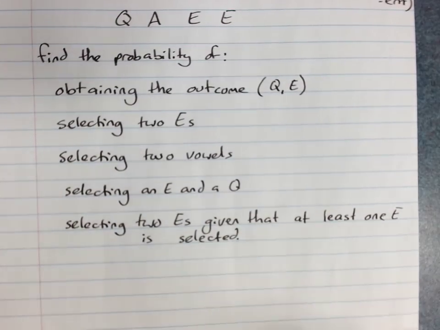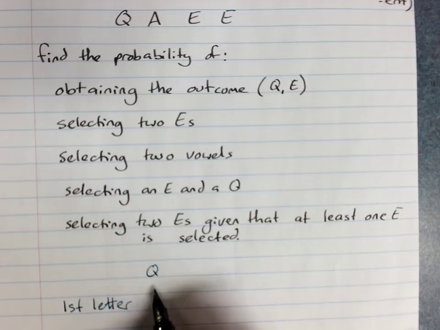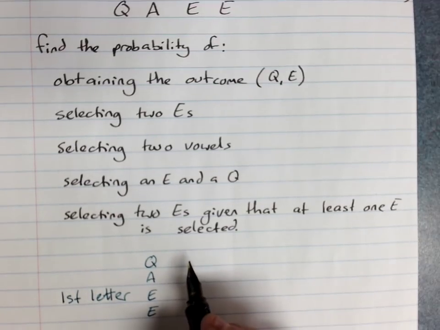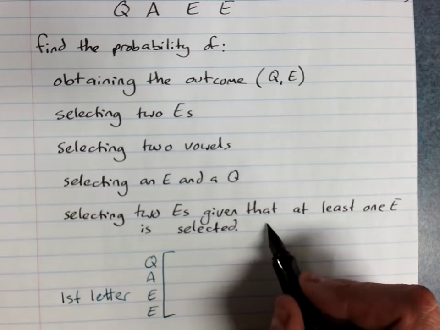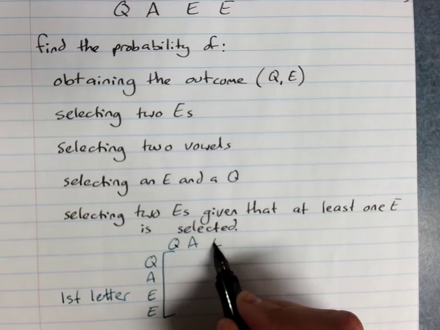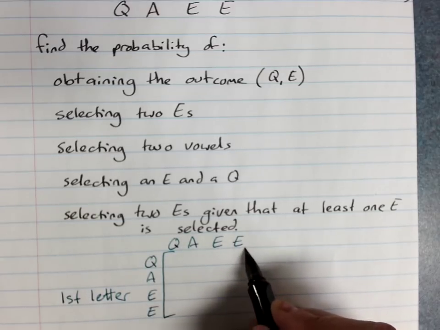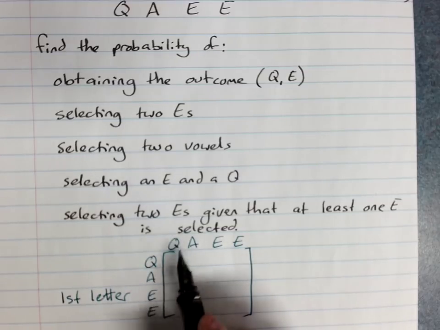So your first letter could be Q, A, E, or E. Your second letter could be Q, A, E, or E. But if you choose a Q on the first letter, you can't choose a Q on the second.